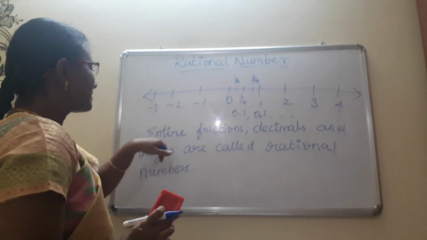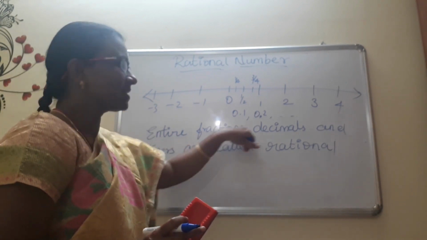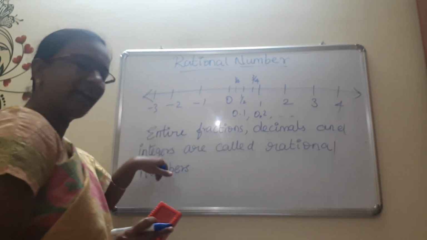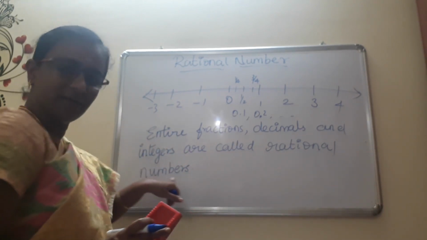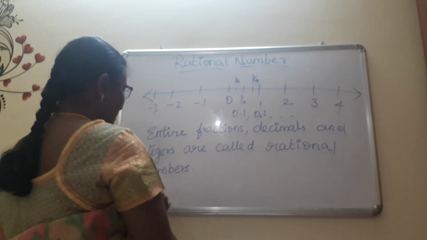Please understand this. Entire fractions, decimals and integers are called rational numbers.